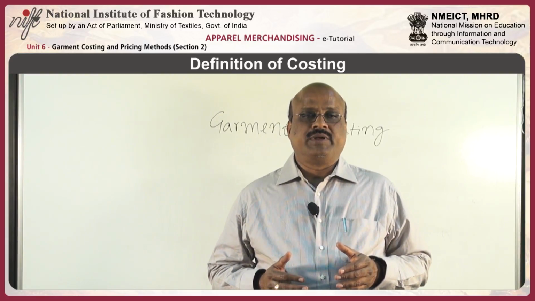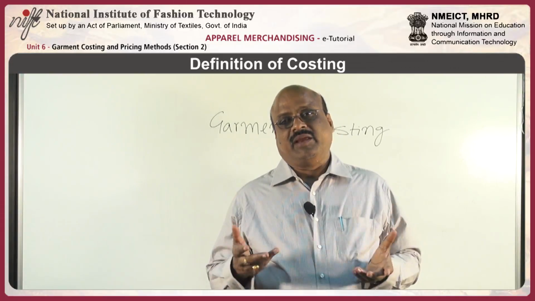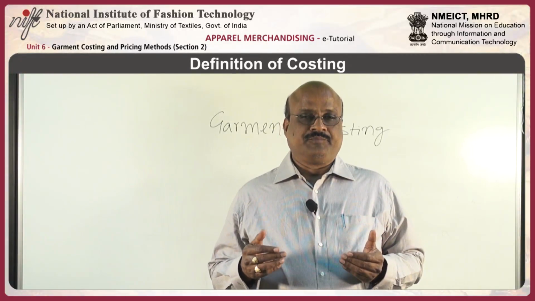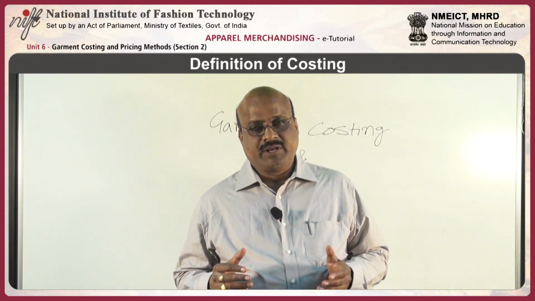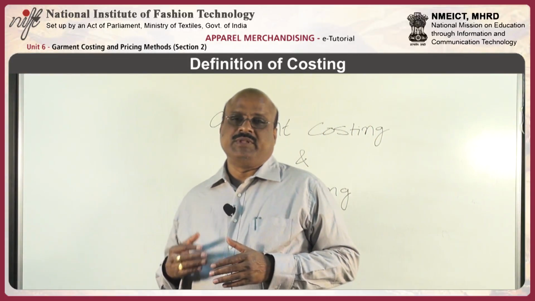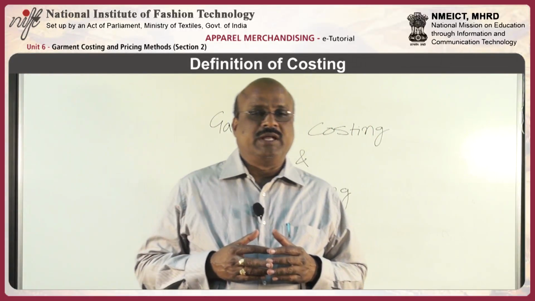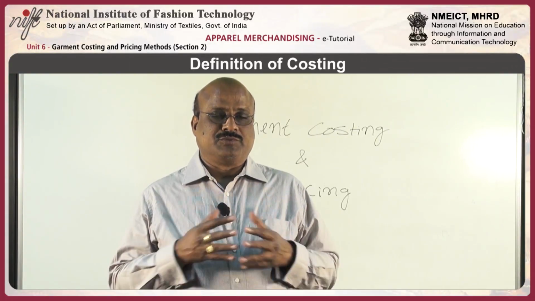So cost accounting records and appropriately allocates the expenditure so that you can determine the cost of the products, the cost of services, and do a proper costing of the product. That can also be suitably presented to appropriate people.